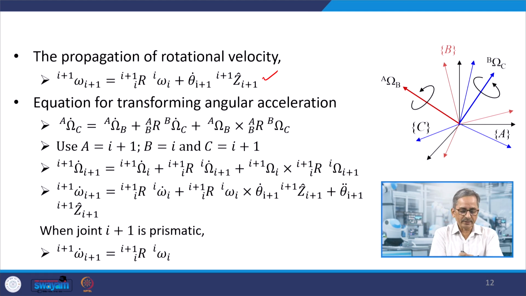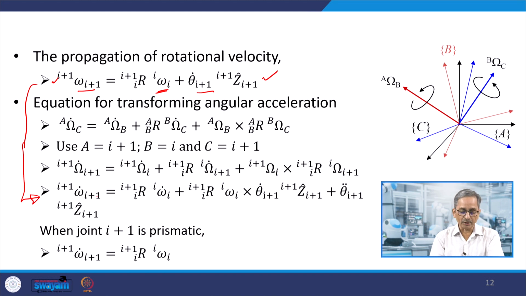This was the angular velocity of the (i+1)th link, expressed in terms of the (i+1)th frame, equal to the angular velocity of the previous link, of course expressed in terms of the (i+1)th frame, plus the joint velocity, that is the (i+1)th joint velocity. If I have to find the angular acceleration, one way is to directly take the derivative of this equation.